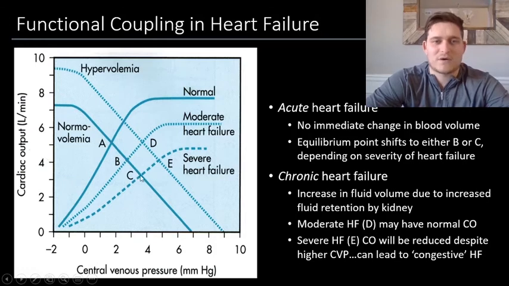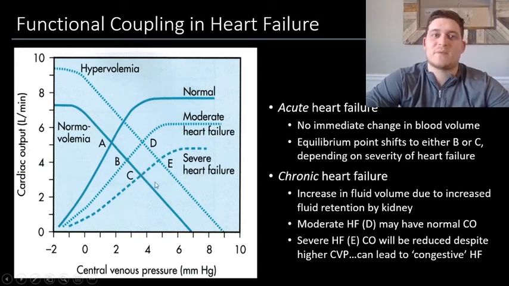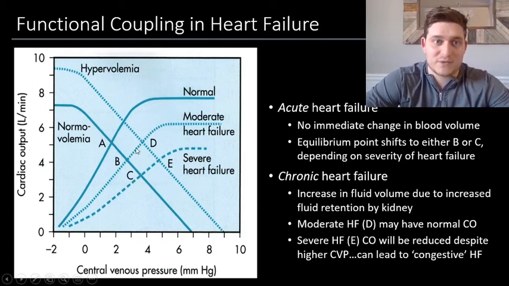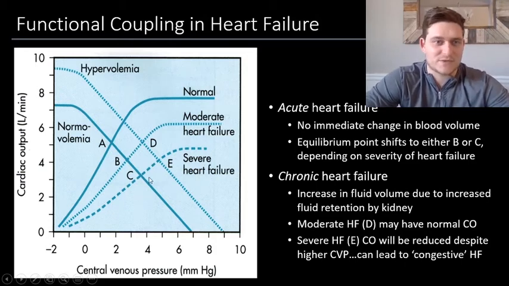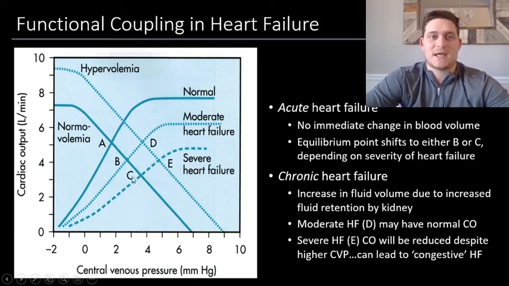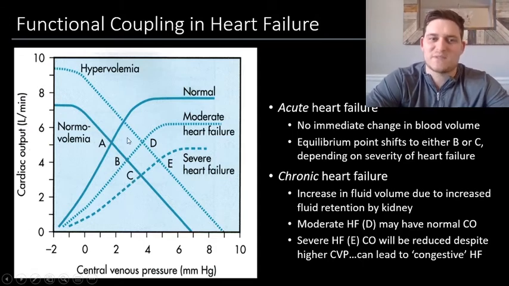Ultimately, if the cardiac output decreases and more blood is in the venous circulation, there needs to be some sort of compensation, right? Because the heart isn't able to circulate as much blood throughout the system. That means less blood is going to be oxygenated and delivered to different organs of the body. And ultimately, mean arterial pressure is going to be impacted because this cardiac output is being impacted.